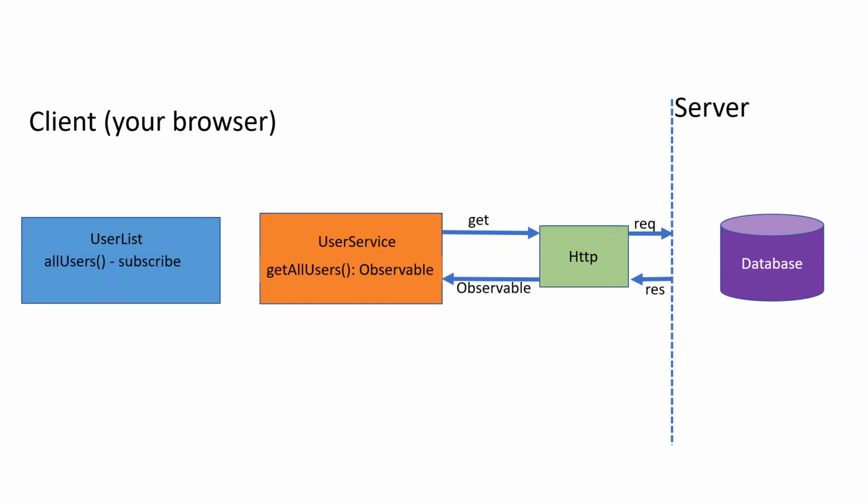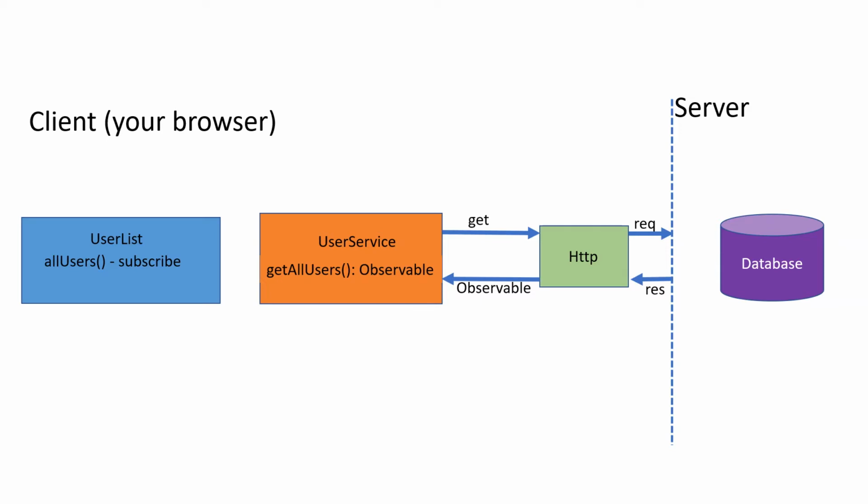Now what will happen, we'll have one more method in order to use the information. When this observable is successful, that means the data has already been returned by the server, and now it is ready to be consumed. So now it becomes the responsibility of the custom component, which in our case is user list, to harvest that value. To harvest that value, I have created one more function inside user list, that is allUsers.